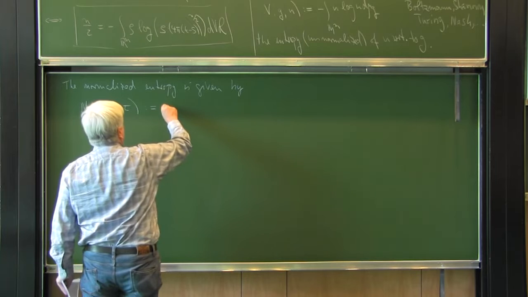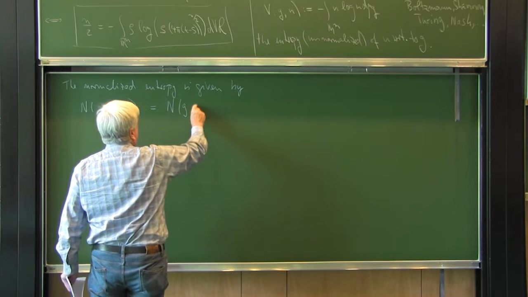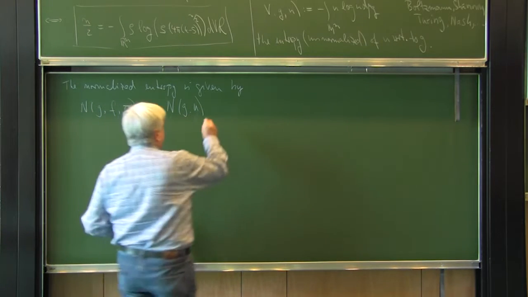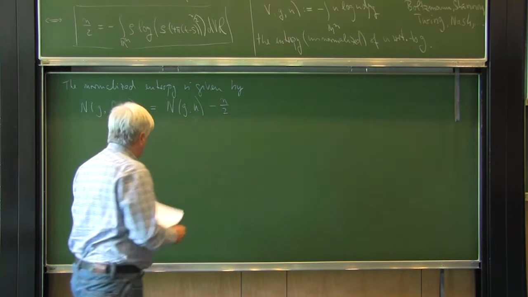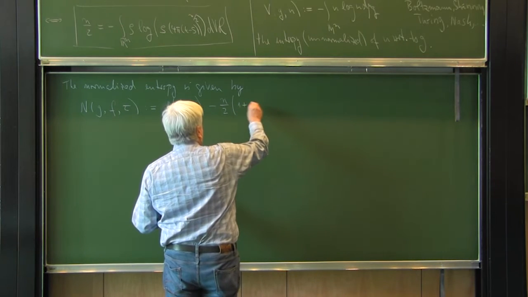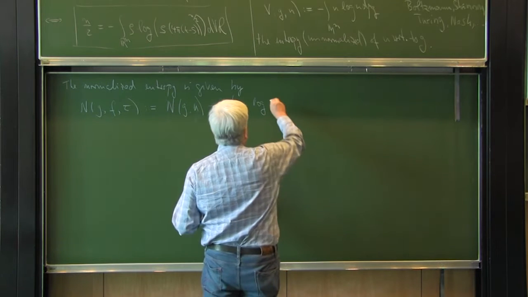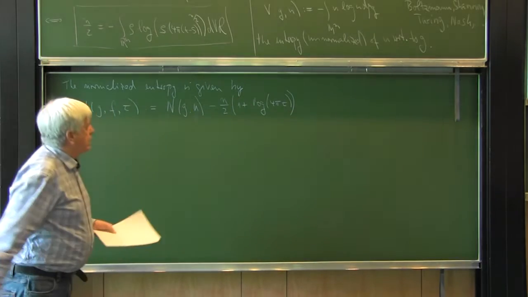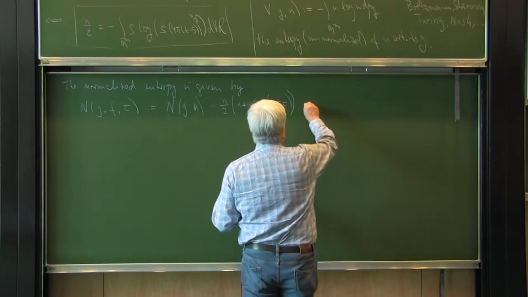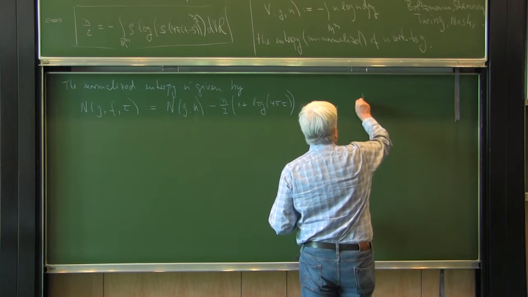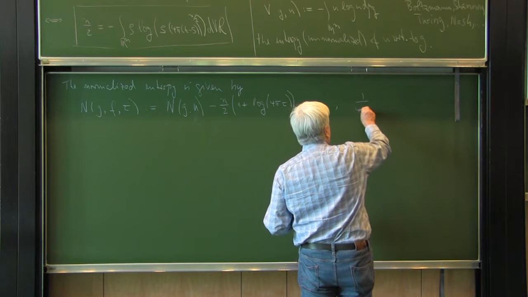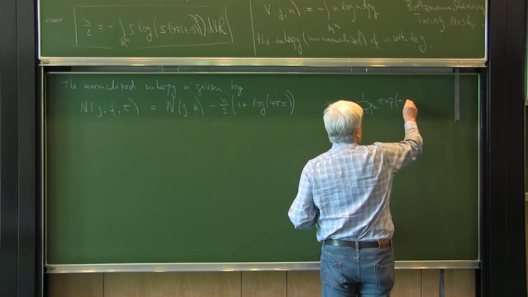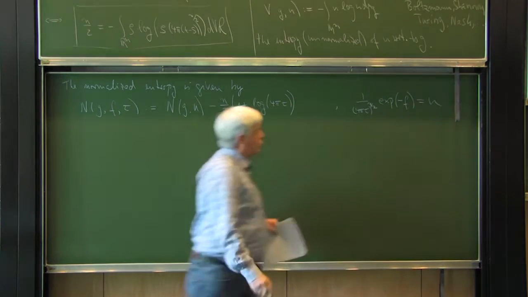Let's take this to be the unnormalized entropy, and then we subtract n over 2 times 1 plus the logarithm of 4 pi tau, where the relation between tau, f, and u is given by 1 over (4 pi tau)^(n/2) times e to the minus f is equal to u.